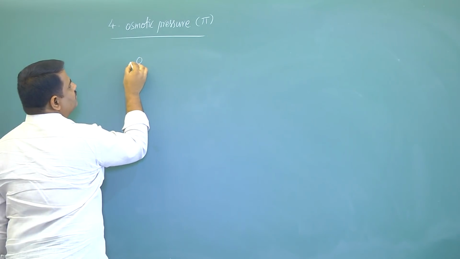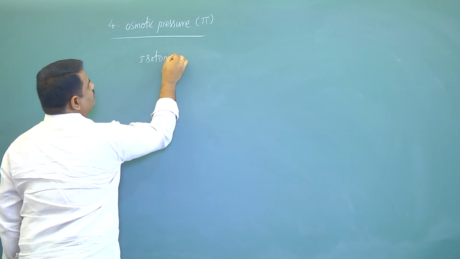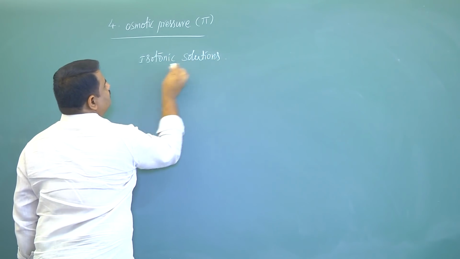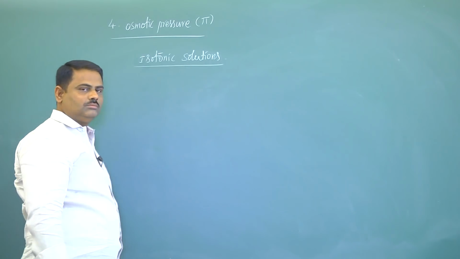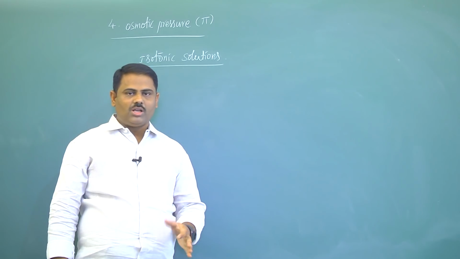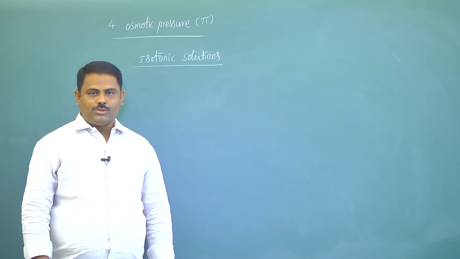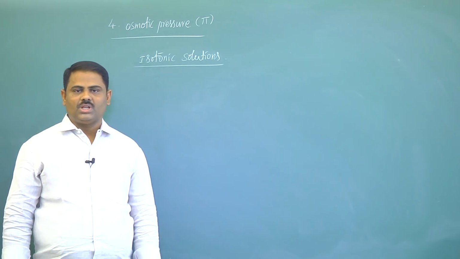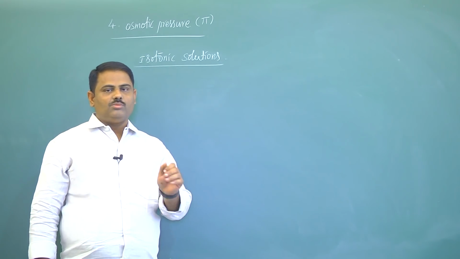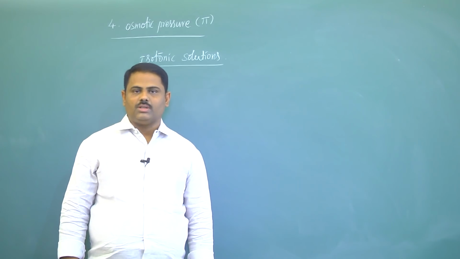What are isotonic solutions? Two different solutions having the same osmotic pressure at a given temperature are called isotonic solutions. I will repeat, two different solutions having the same osmotic pressure at a given temperature are called isotonic solutions.